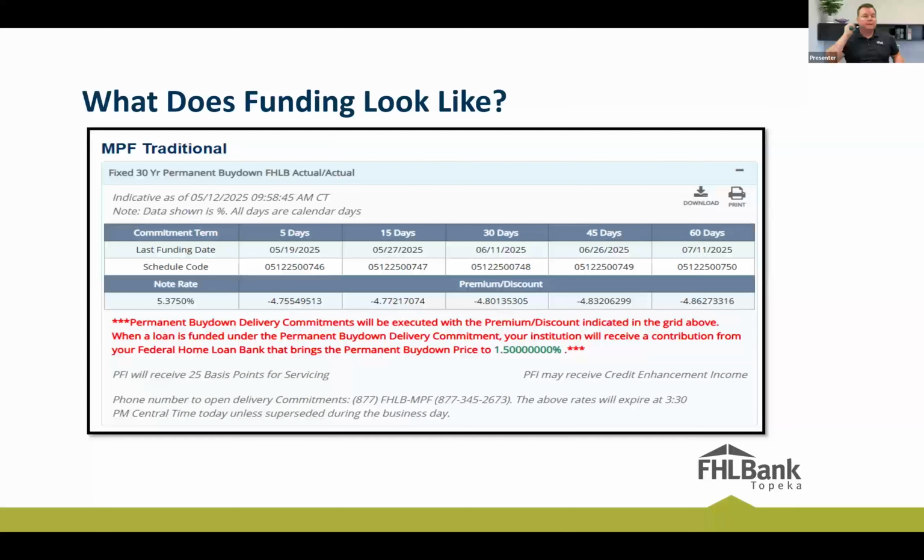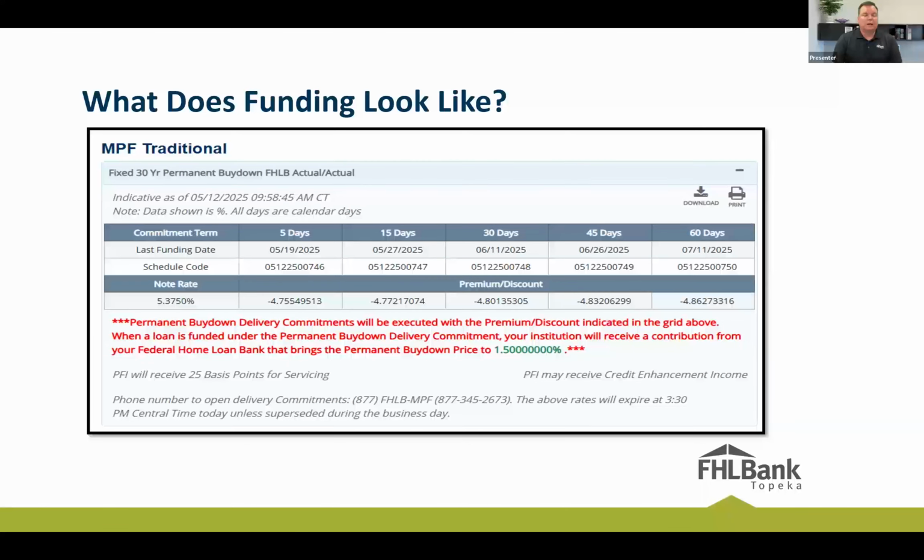So let's talk a little bit about the funding. First and foremost, once you have access to pricing, and we'll talk about that again at the end as well, if you don't already have access to the pricing, there is a special sub-product for this particular offering. You see the fixed 30-year permanent buy down product.